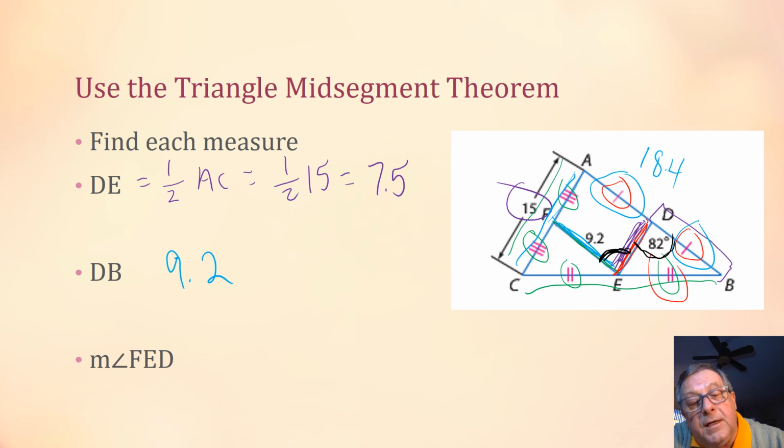Well, then FED must be 82 degrees. Wow, I had to think about that. Well, I had to correct my mistake to be able to think about that. Otherwise, I didn't see it. So, FED and BDE are alternate interior angles of the two parallel lines, FE and AB, where ED is the transversal.